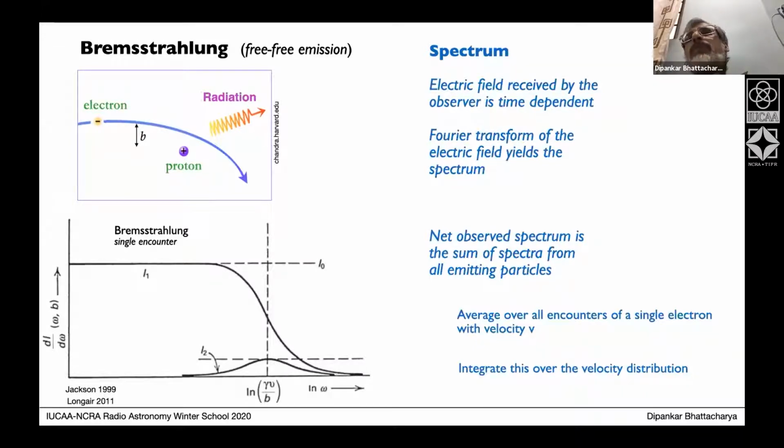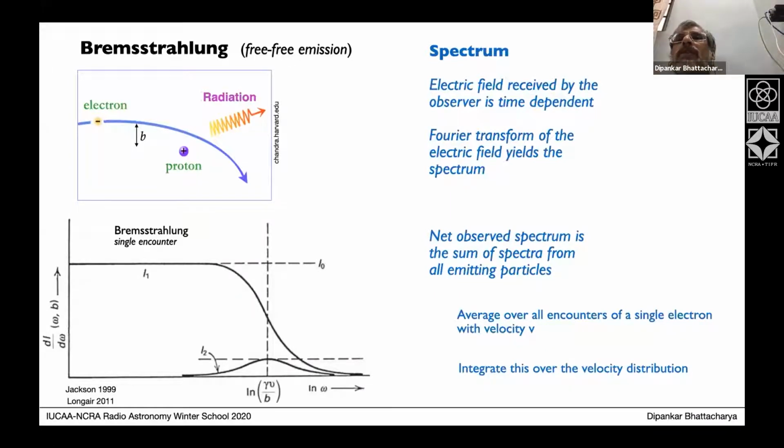Now Bremsstrahlung specifically talks about situations where the electron is not bound to the ion to begin with, and after the radiation has taken place, which means it has lost some energy, it is still in a free state. So it is still not bound. This often therefore goes by the name free-free emission. So the electron is free in the beginning, free after the emission is done.